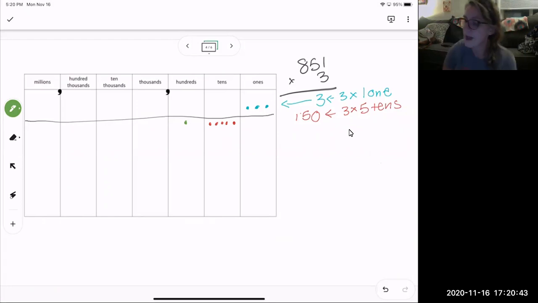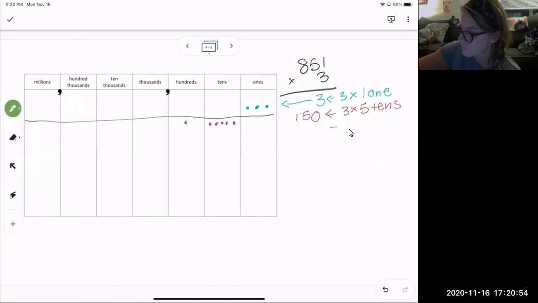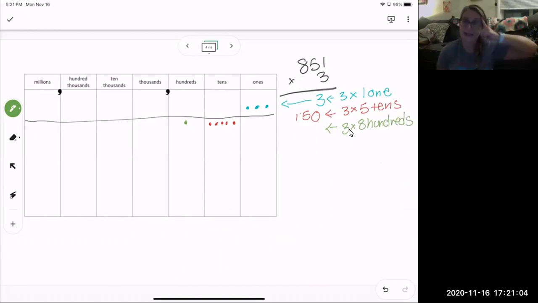Okay, so our last one is going to be, we're going to look at our hundreds. So we have 3 times 800s. Okay, well, I know 3 times 8 is 24. So that means our answer, 3 times 8 hundreds, would be 24 hundreds.